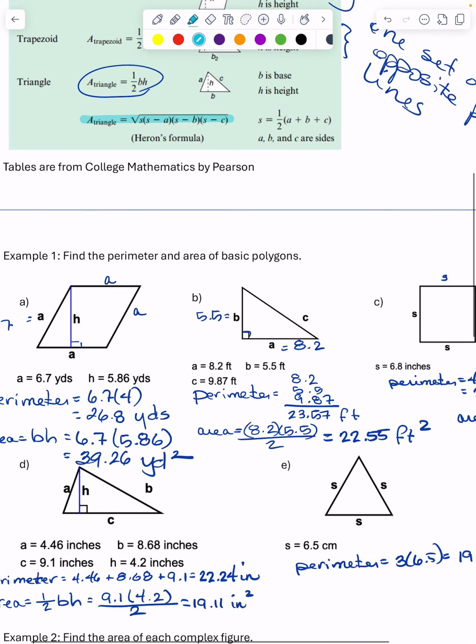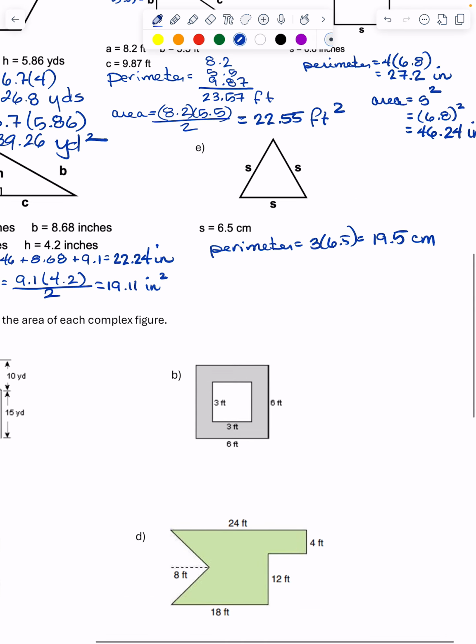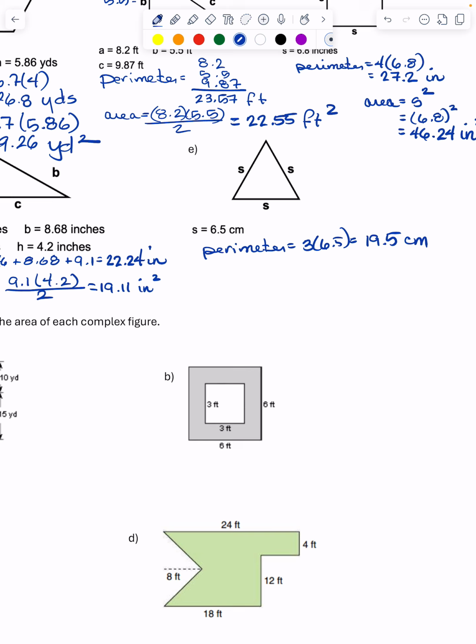So we're going to add all 3 sides and divide by 2. Bad that I called this other one S. Can we call this X? Okay. So our S, our semi-perimeter, is 1/2 of the sum of all 3 sides, which is that 19.5 we just found. If I cut that in half, I get 9.75.